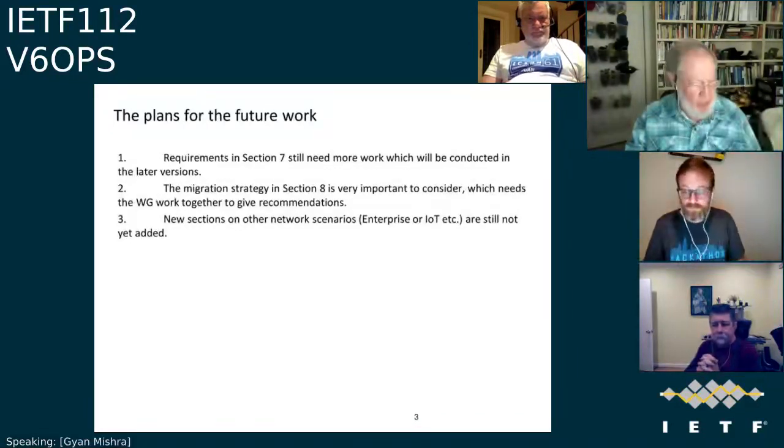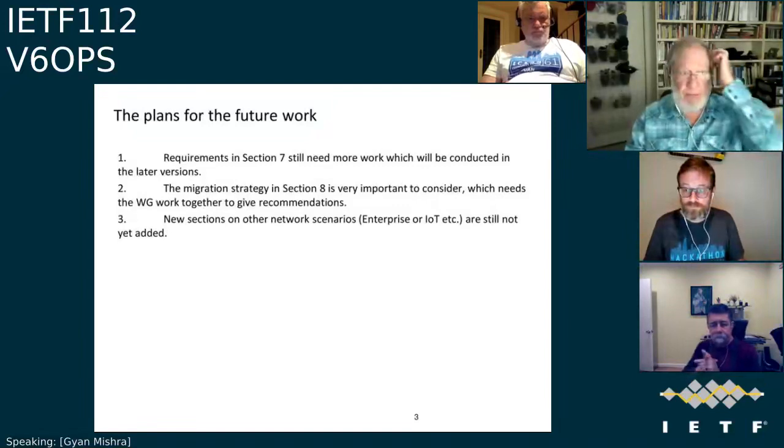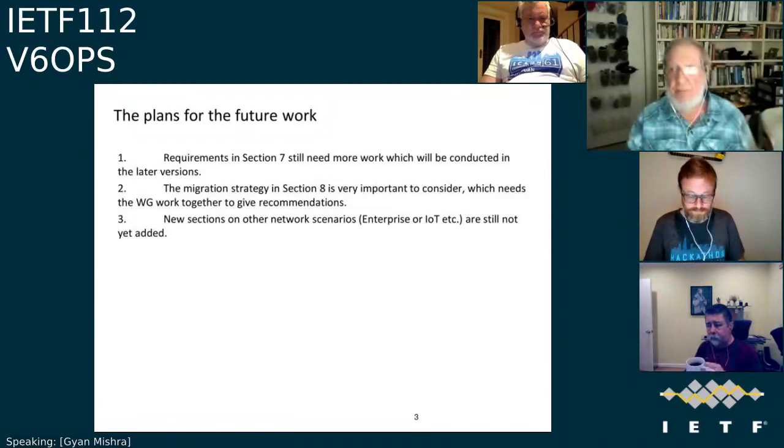As far as future work, the requirements in section 7 still need some more work, and we'll be conducting that in later revisions. We would like feedback from the work group, and we appreciate all the feedback we got through the adoption call, the continued feedback, and any criticism. We're open to any changes or updates, as this is a work group document.